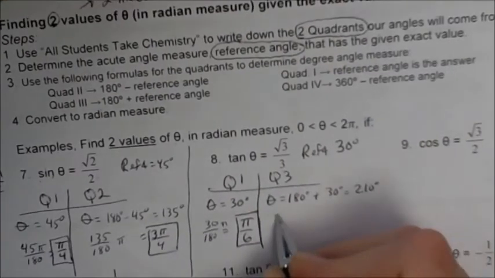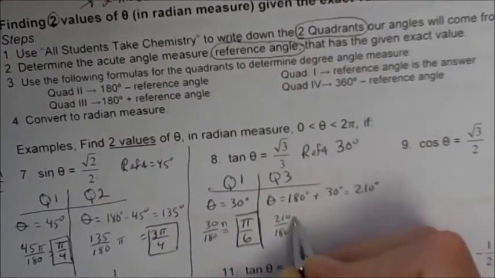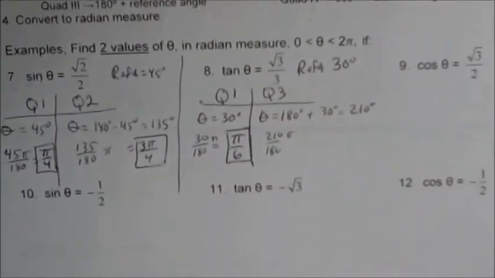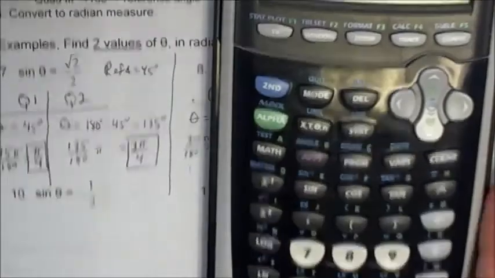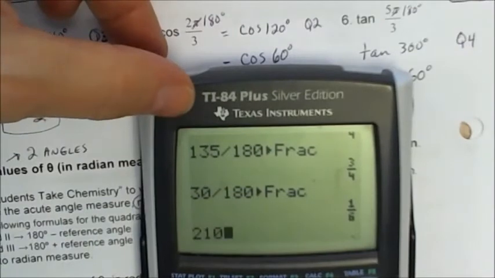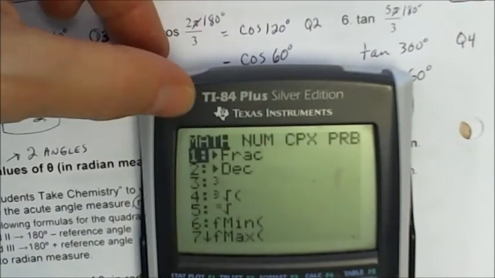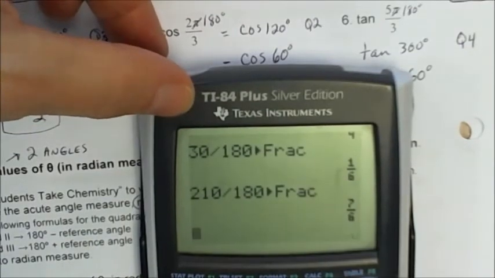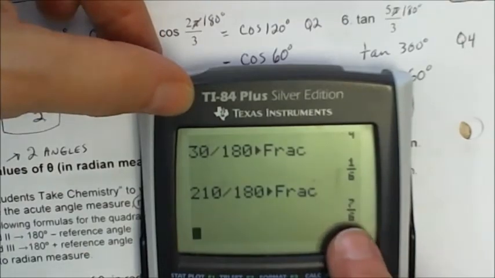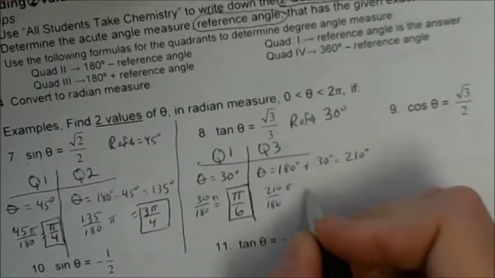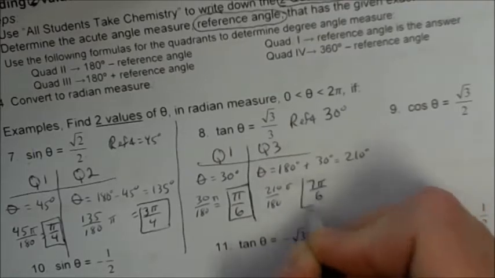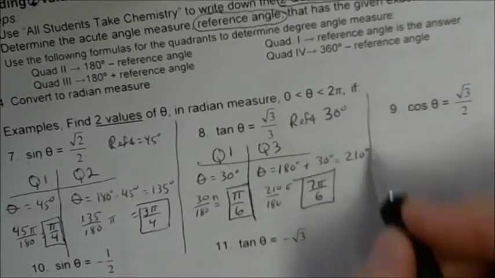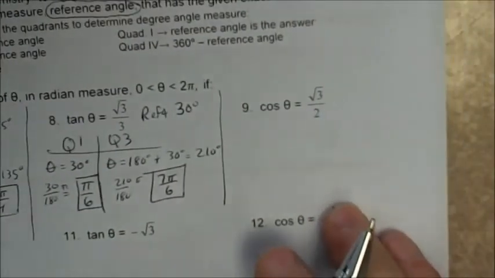Our second angle is 210 over 180. Put a pi up on top. 210 divided by 180, math frac. 7 over 6, but put a pi on top, so 7 pi over 6 is our other angle. So those are our two answers for number 8. Number 9.